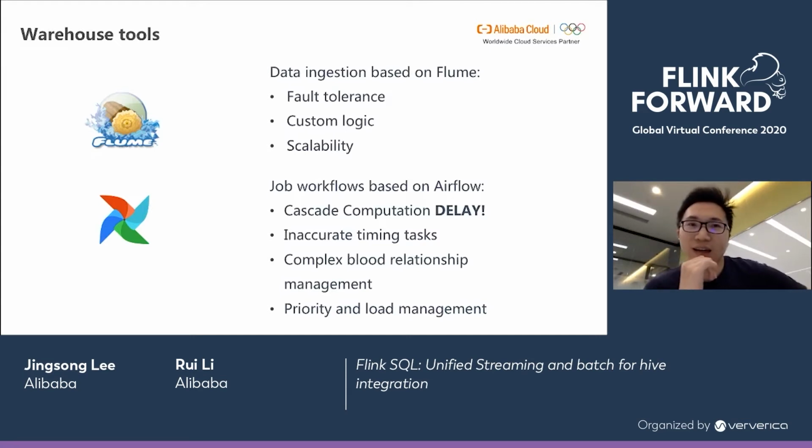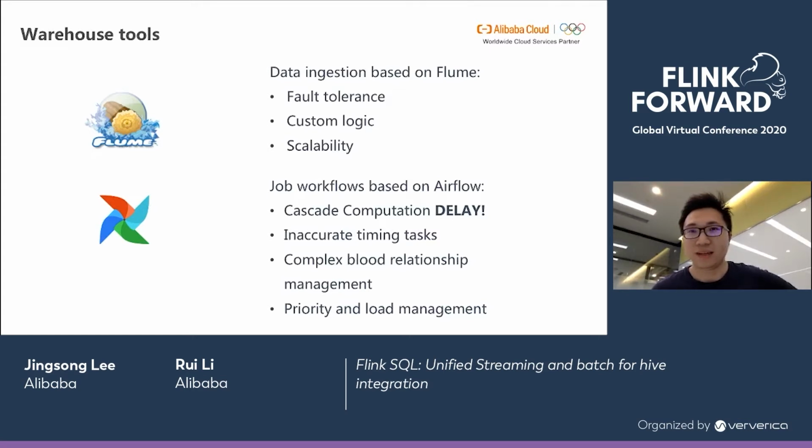Second, Airflow is used for workflow, but scheduling jobs will bring cascading computation delay. For example, the computation of yesterday's data from 1 o'clock a.m. may not be completed until 6 o'clock a.m. And it cannot guarantee that the data can be completely ready within the set scheduling time.